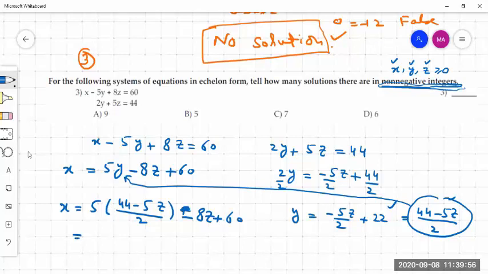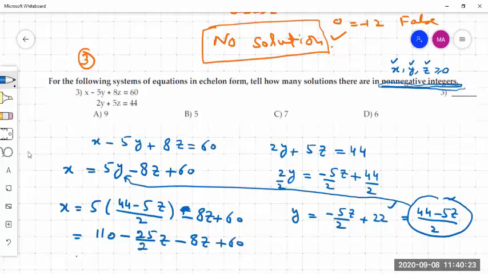So this would turn out to be 5 times 44 divided by 2, so it would be 110, minus 5 times 5 is 25, so negative 25 by 2 z, minus 8z plus 60.